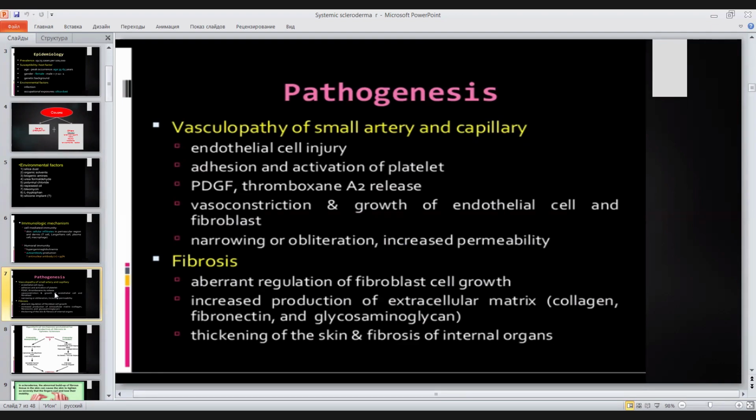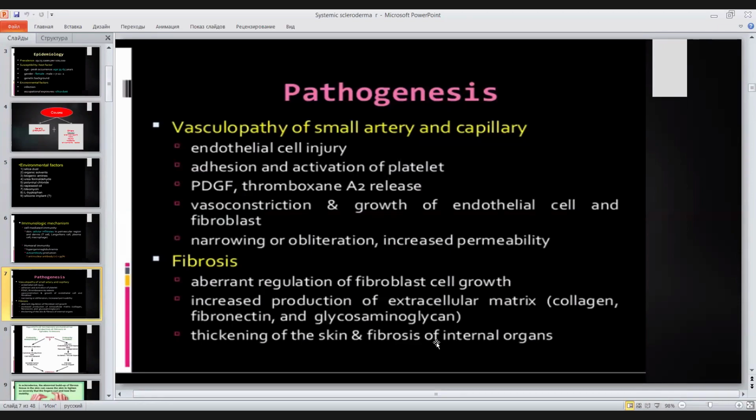First, fibrosis of skin, fibrosis of arterioles, and as a result, fibrosis of skin and internal organs. And when fibrosis happens, specific symptoms start which are responsible for different organs, and the clinical manifestation depends on which organs have been affected.